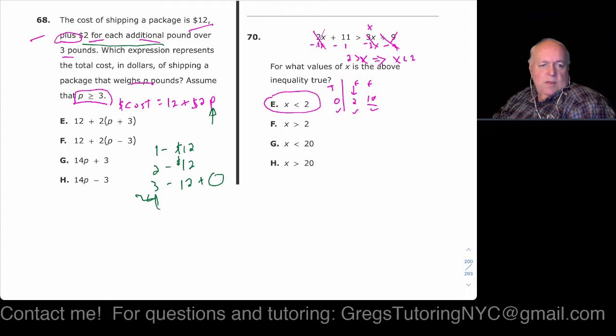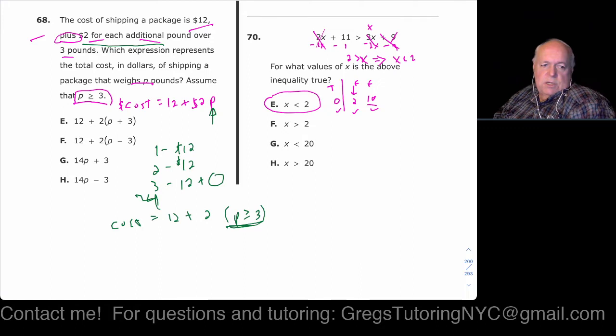If we work it through, we're trying to change the equation to cost equals the $12 plus 2 times p, where p is greater than or equal to 3. So this becomes the awkward part. How do we figure that out?